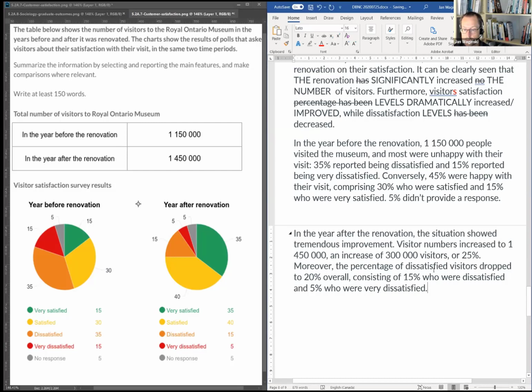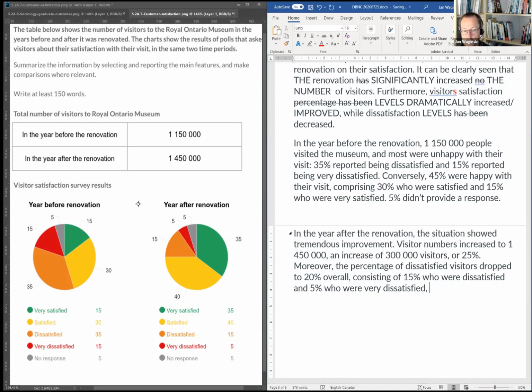Okay. See, I added this word overall because it says dissatisfied visitors. So I'm distinguishing between dissatisfied visitors, which includes both those categories. So that's why I included overall. And then here I just clarified, consisting of 15% who were dissatisfied and 5% who were very dissatisfied. Okay.